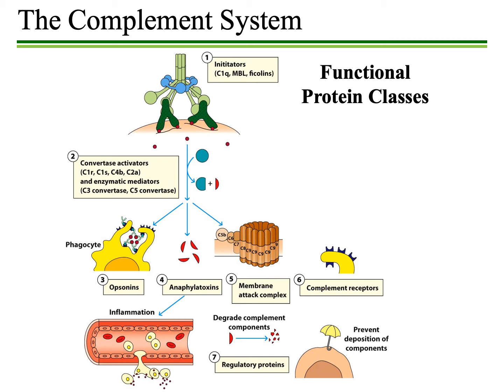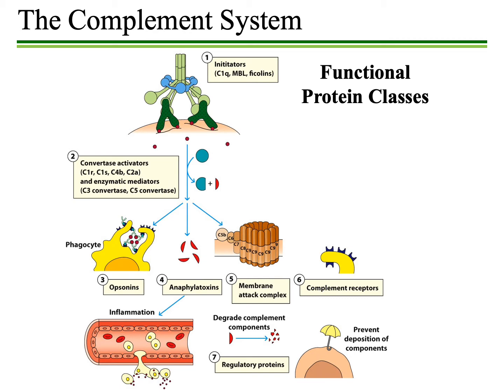The enzyme responsible for this cleavage is typically referred to as a convertase. So, any complement system component that is acting as an enzyme to cleave one of the inactive components to form active components would fall into this particular functional category.